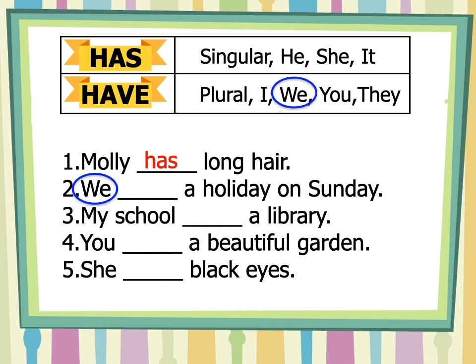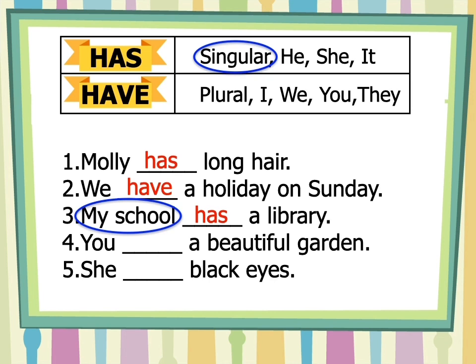So with, we will use, have. We have a holiday on Sunday. Let's look at the next one. My school, dash, a library. Here my school is a singular noun. And with singular noun, we use has. My school has a library.